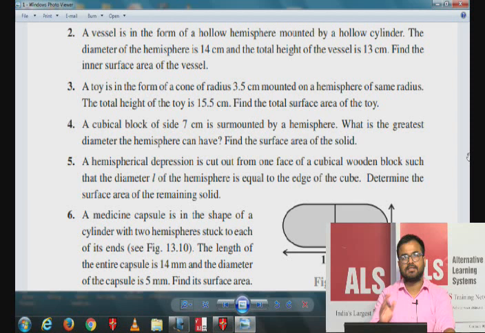Basically here the inner surface area and the total surface area both are same. Take care of the calculation and use pi as 22/7.